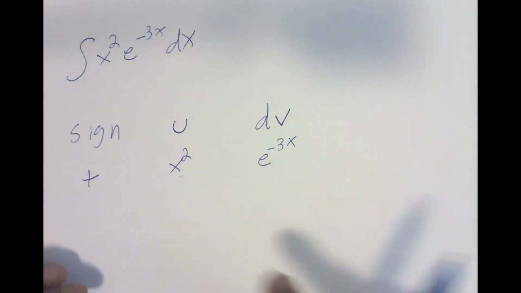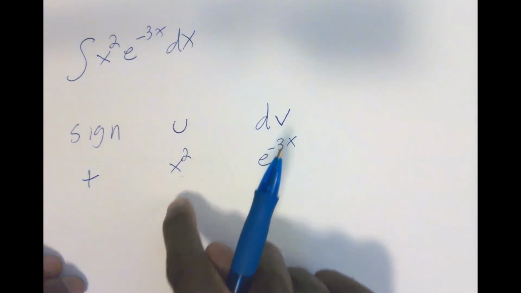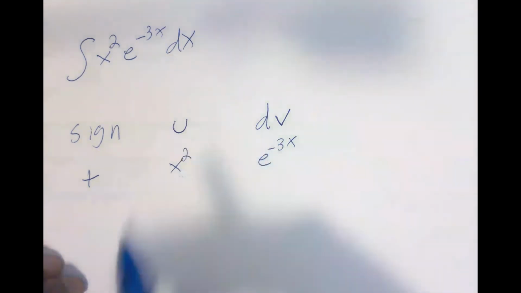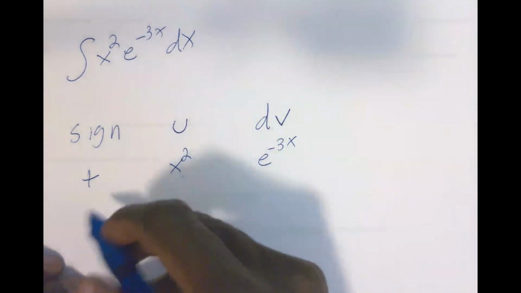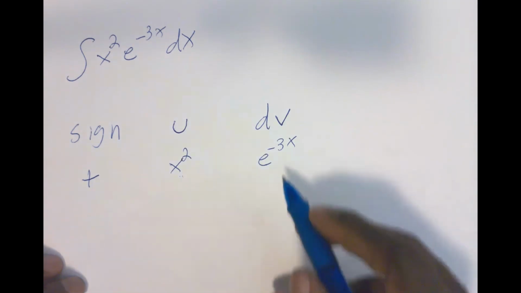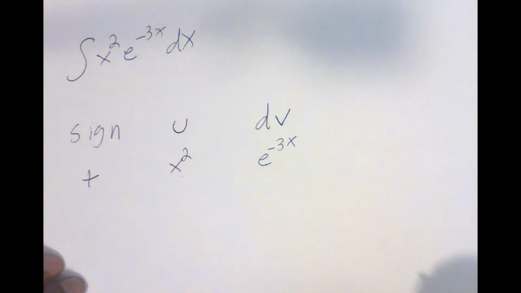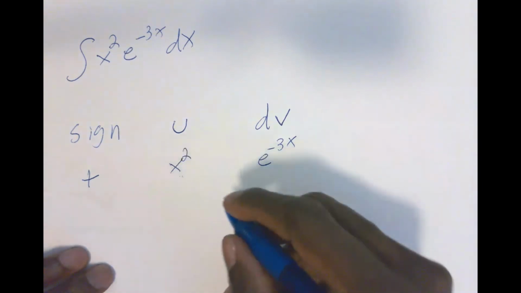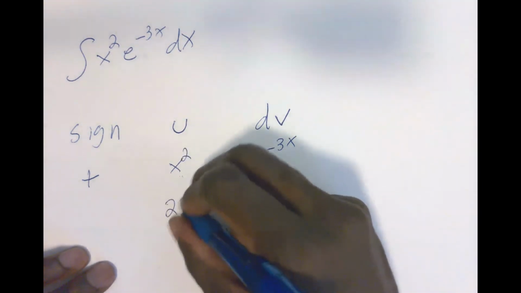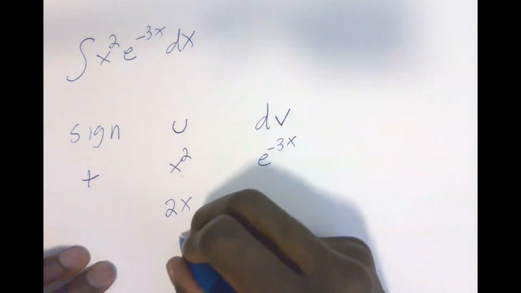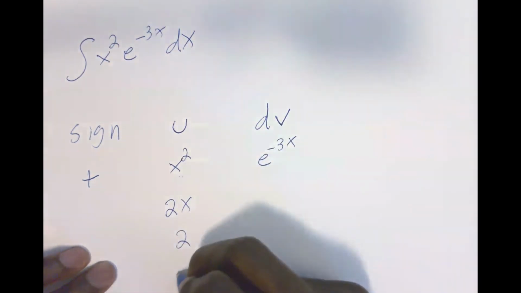All right, so I'm going to take this derivative until I get 0 in successive rows. These signs are just going to alternate, and I'm going to keep integrating until I match the line that gives me 0. So let's see, the derivative of x squared is 2x. The derivative of 2x is 2, and the derivative of 2 is 0.